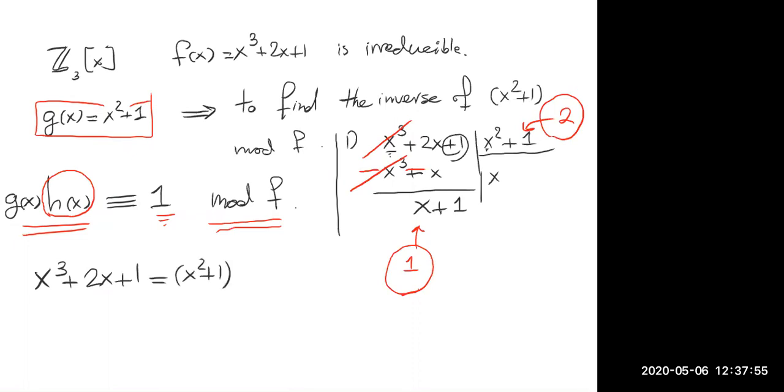So x squared plus 1 times x plus 1 is equal to x cubed plus 2x plus 1. Okay. The next step is to divide g of x. I should bring this polynomial here. And I should divide it by this polynomial.